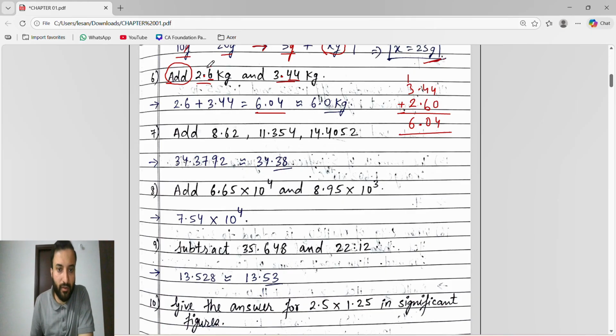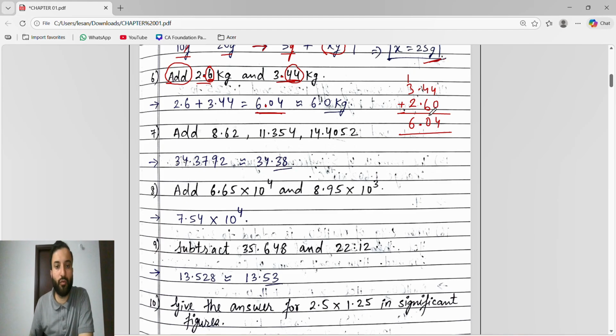So here we have a decimal of 1 digit, and here a decimal of 2 digits, of which 1 digit is the smallest. So we have to round off to 1 digit. We are checking after the decimal, whether it is 1 digit or 2 digits.